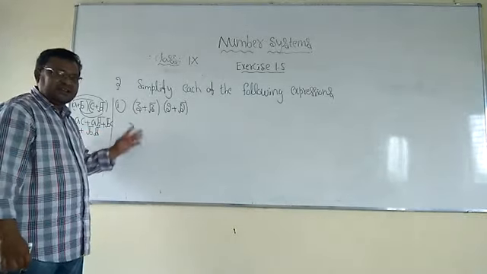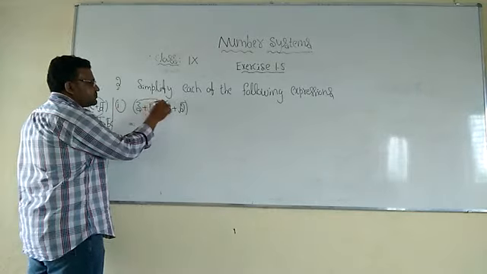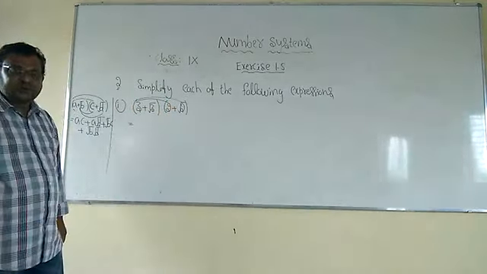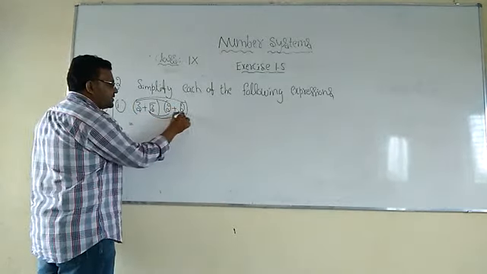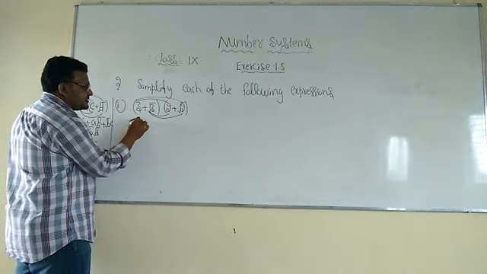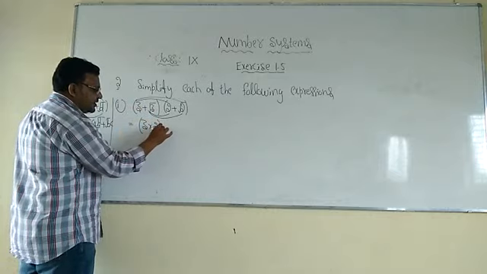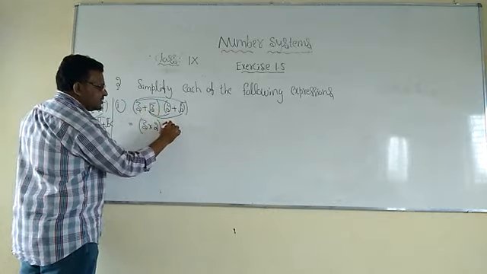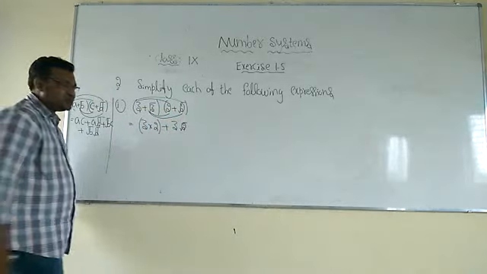In the same way, we simplify the given problem. First 3 into 2, then 3 into root 2. Next root 3 into 2, then root 3 into root 2. That means 3 into 2 first, keep in brackets. Next plus into plus is plus, 3 into root 2.